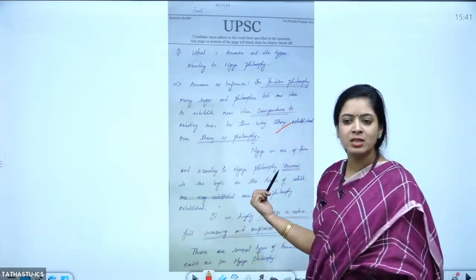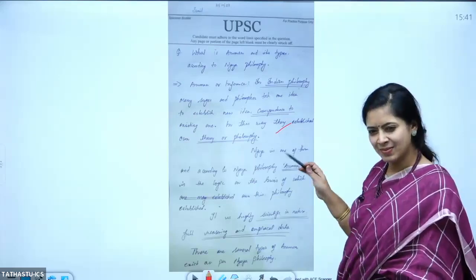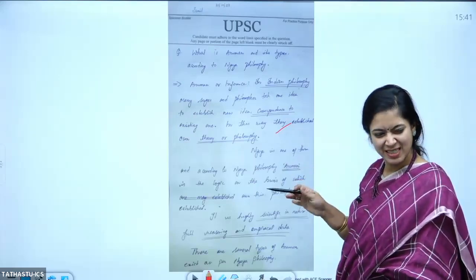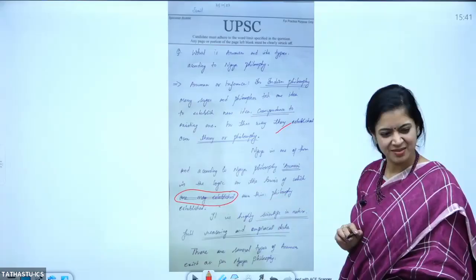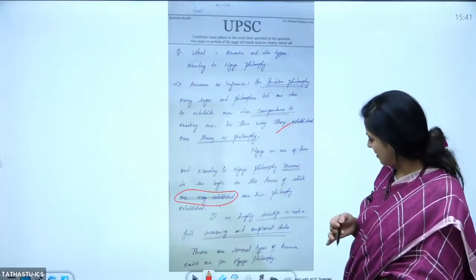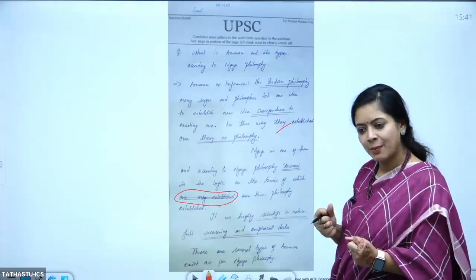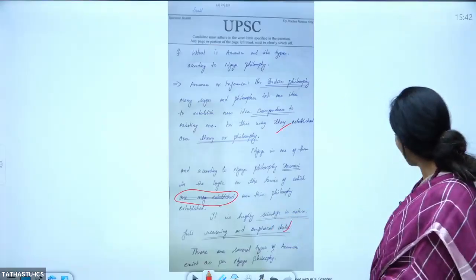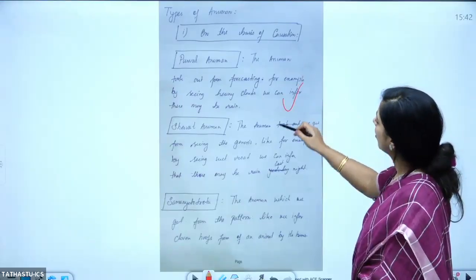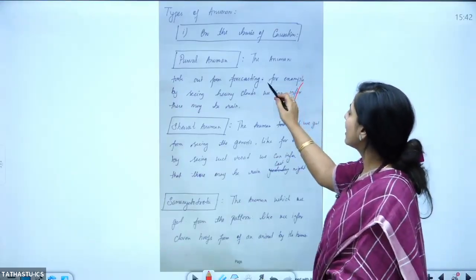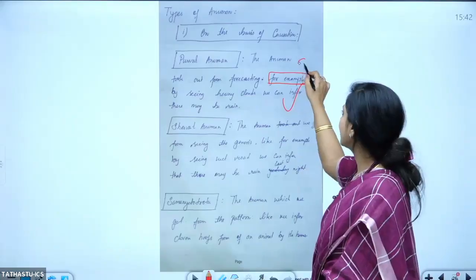What is the problem? A little presentation, cutting, space. The presentation is not very appealing, but otherwise the content is okay. When you are writing like this, either highlight it or write it like this.